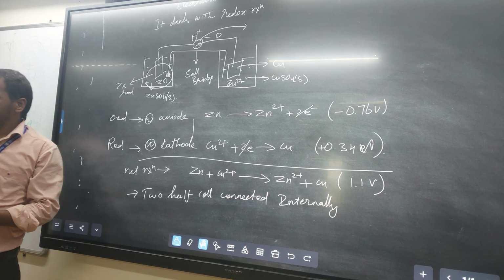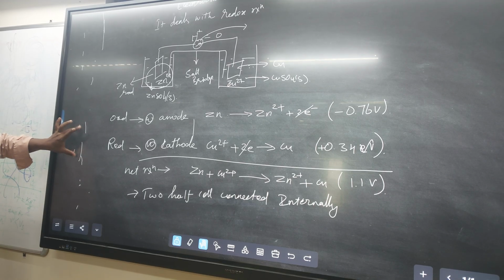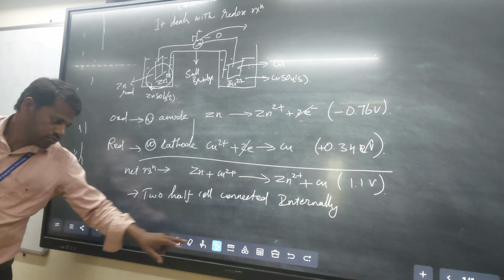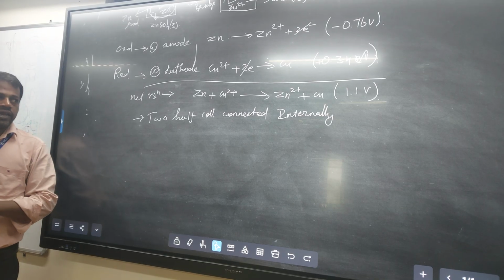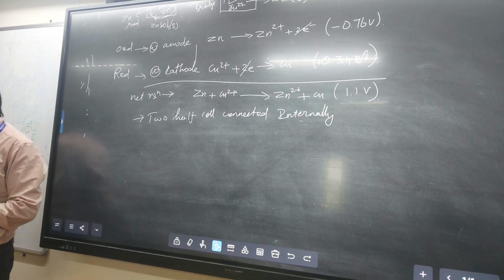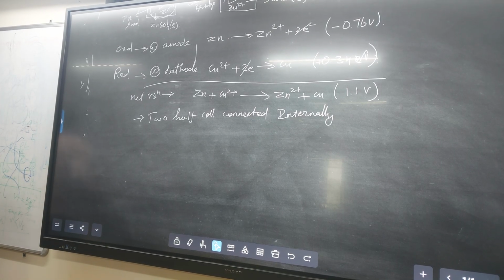Okay, right. Now there are two half cells connected internally through the salt bridge. A potential difference develops. That is the main point.